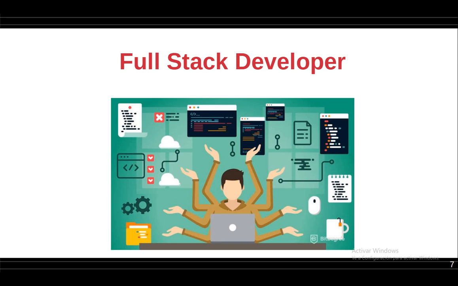For those who want to start from scratch, starting their study with programming logic and front-end languages, such as HTML and CSS, may be the best way to understand more complex languages.